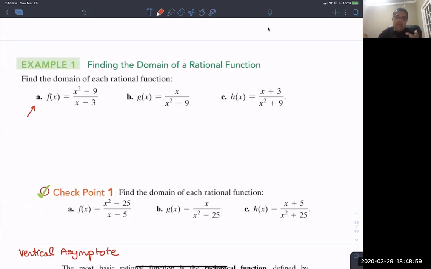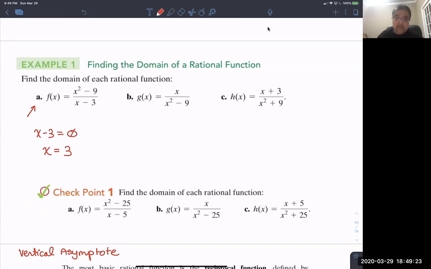However, in example A, I don't have that luxury because the denominator is x minus 3. Well, if the denominator is x minus 3, that means if x is 3, the denominator becomes 0.